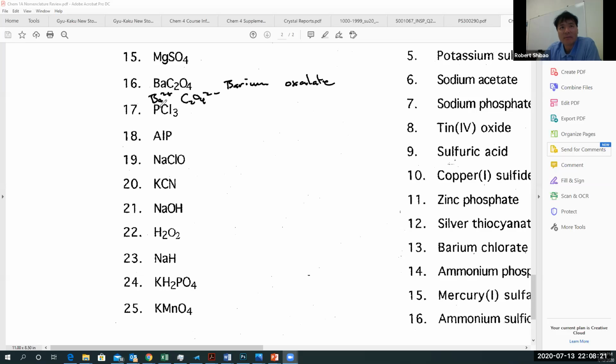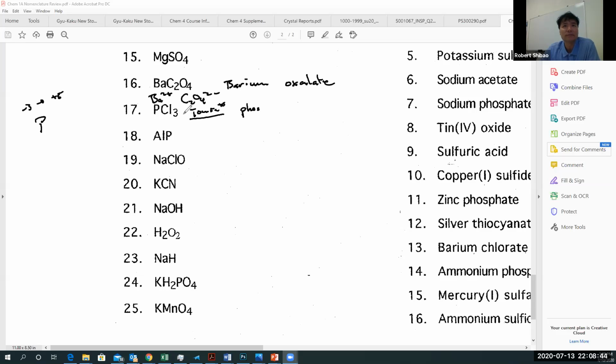Phosphorus could be +3. It'd be variable charge. And so if you were to name this as an ionic compound, phosphorus would be variable charge because it would vary from -3, if it gained 3, to +5.